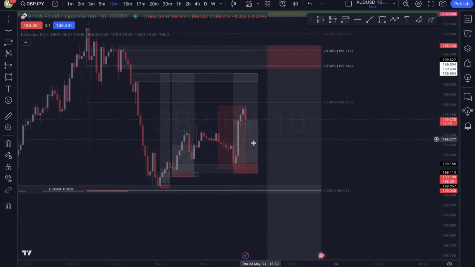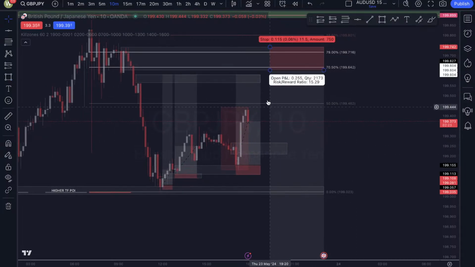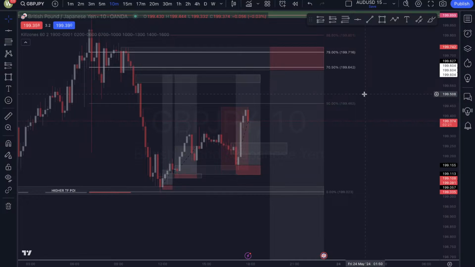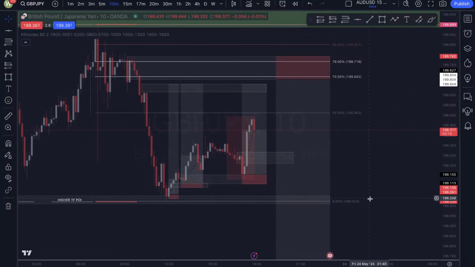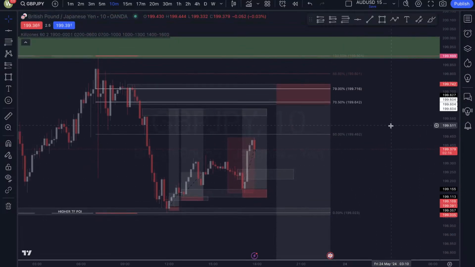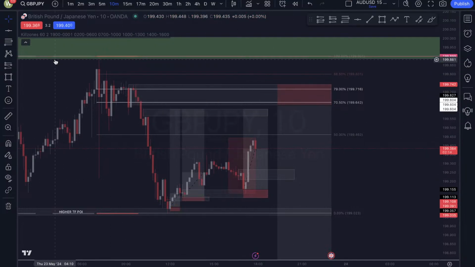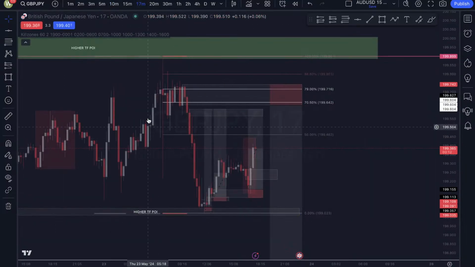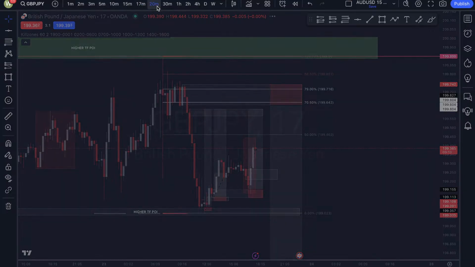We can see that there's a new point here, so potentially a buy from here as well. That could be another order added onto our already 3 orders, so you can have multiple positions opened on this one trade.